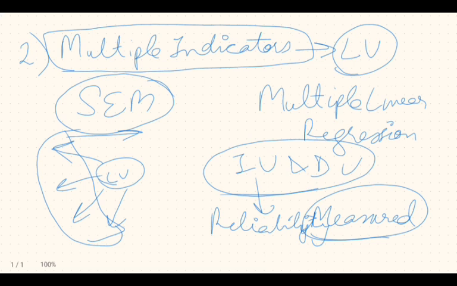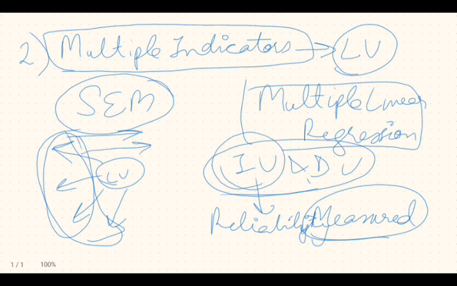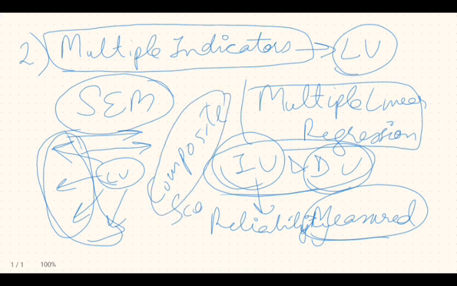But in multiple linear regression we cannot take individual indicators into consideration; rather we take the composite score of the independent variable and the composite score of the dependent variable. If we are taking composite scores, the variables should be highly reliable. In case they are not that reliable, we go for structural equation modeling, because it accounts for measurement error.